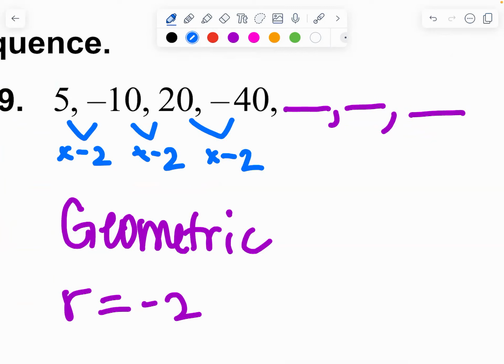Do you notice that? Okay. So after -40, what would our next term be? Positive 80. And after that, we would have -160. And after that, sometimes we get excited. It's fine.